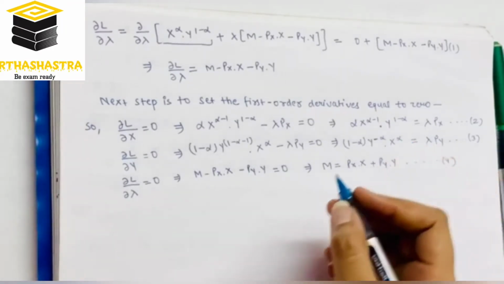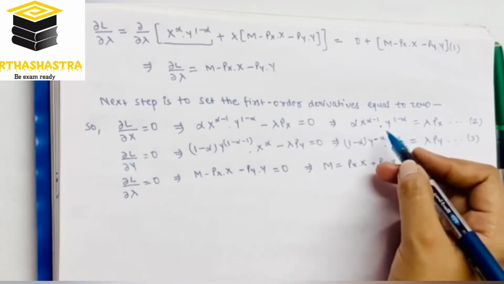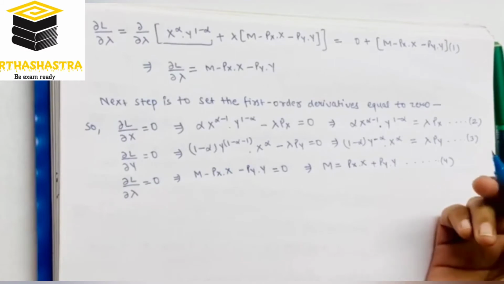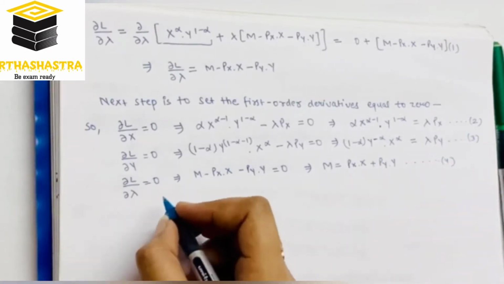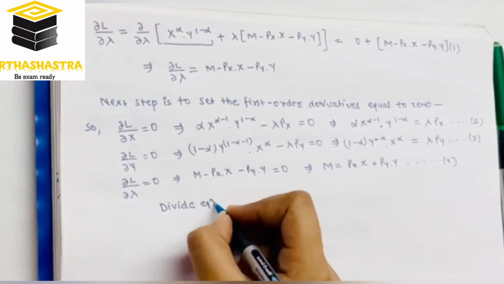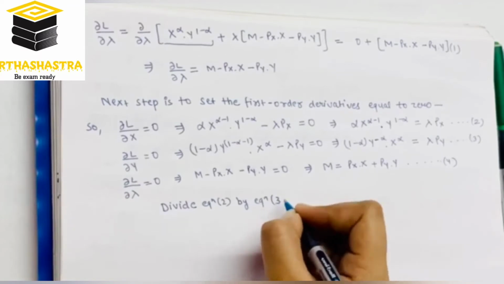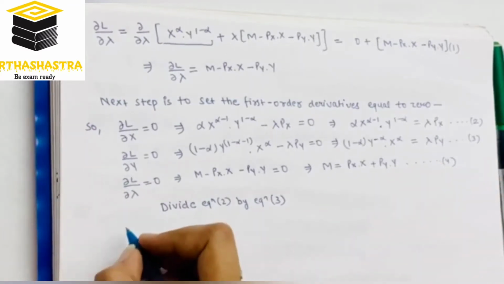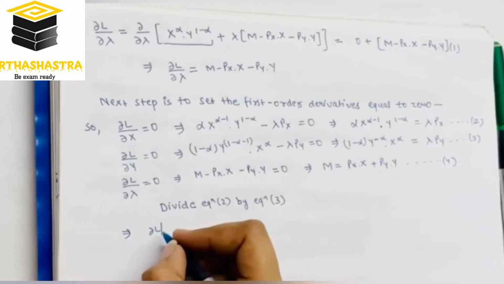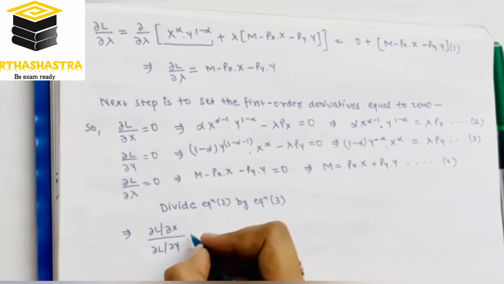Now we aim to solve for either of the goods, that is, either we can solve for x or we can solve for y. We can divide equation 2 by equation 3 to simplify. So we take del L by del x over del L by del y.